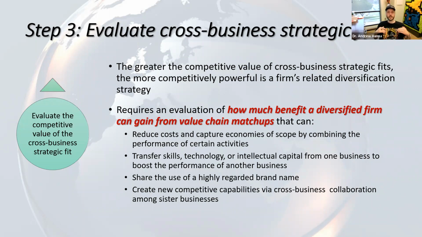We can't share much across certain value chains, but now that we understand which industries we're in, how attractive they look, and where we're sitting in the different ones, we've got to figure out where these cross-business strategic fit opportunities are for us to utilize our value chain best and use it as a competitive advantage, because that is really the name of the game and one of the major motivators for why we utilize a diversification strategy in the first place.